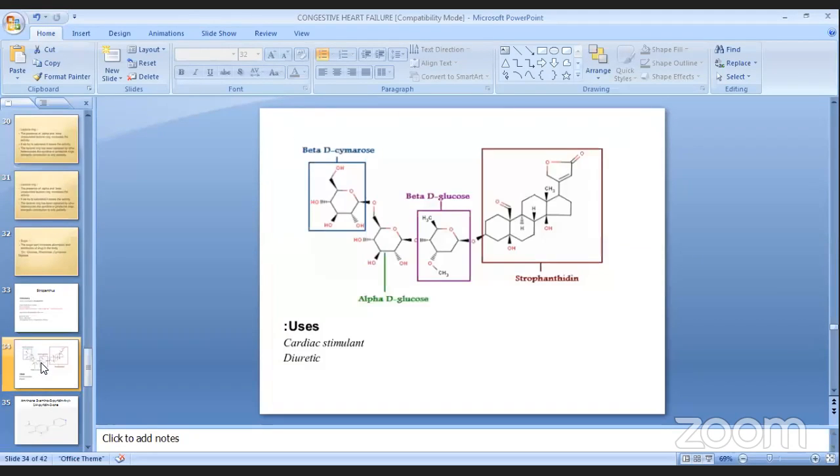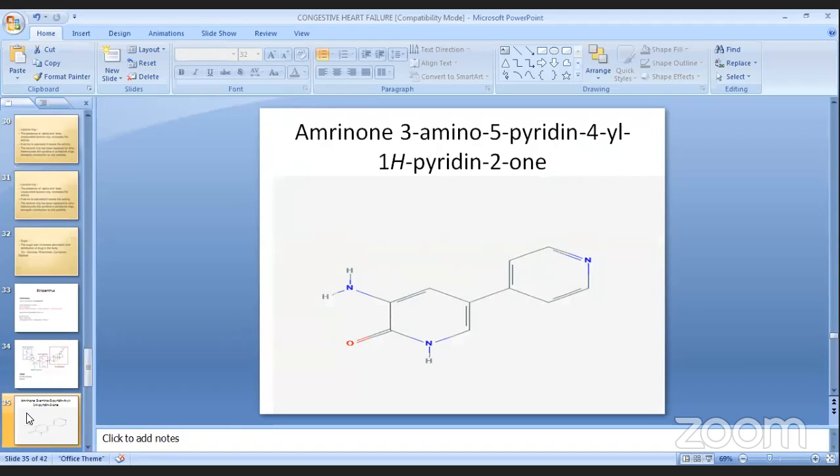Next category of drug is amrinone. Amrinone is 3-amino pyridine, bipyridine 2-one. Amrinone and milrinone are these type of drugs. It acts as a cyclase inhibitor. And this is the structure of amrinone. Amrinone is basically a pyridine derivative.